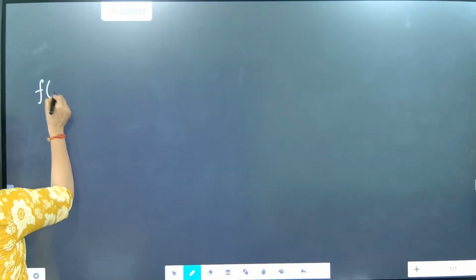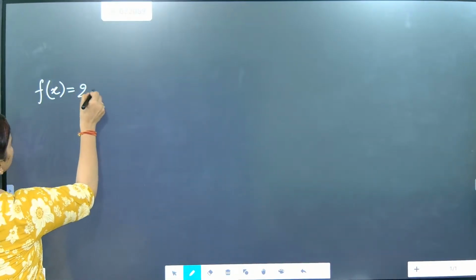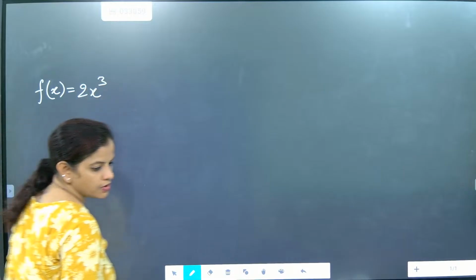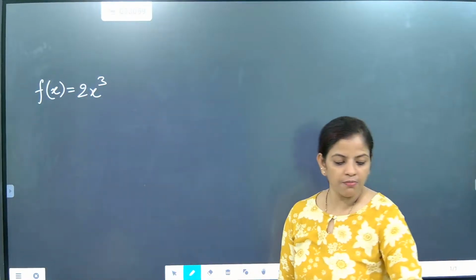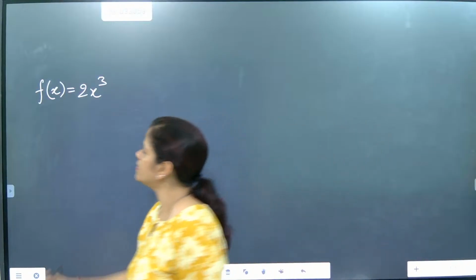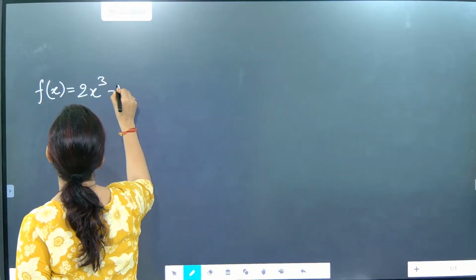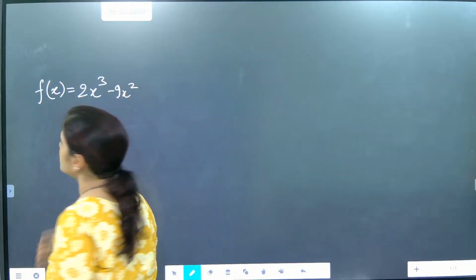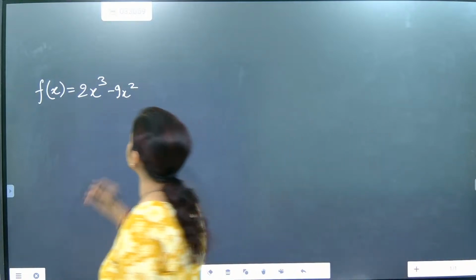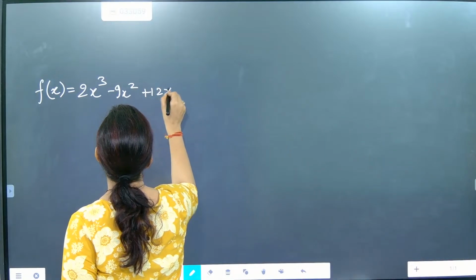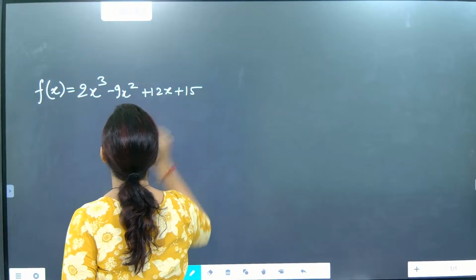Now write the next question. f of x is equal to 2x cubed minus 9x square plus 12x plus 15.